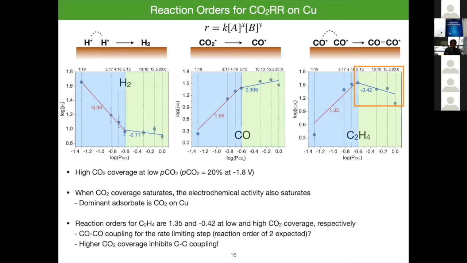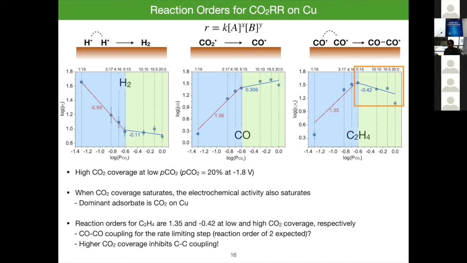At this critical CO2 concentration, you can see that the CO also somewhat linearly increases, and after this critical concentration the reaction order decreases to about 0.3, and the ethylene even actually decreases.